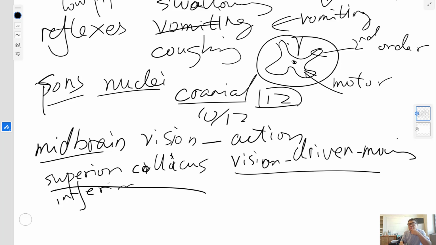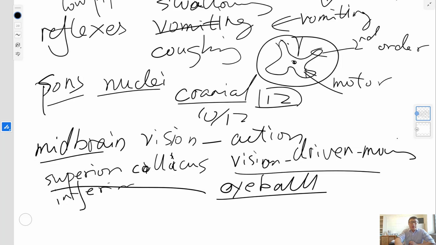I need to double check my spelling. But anyway, especially the eyeball movement. The eyeball movement is largely mediated by the midbrain. The midbrain has at least two somatic motor nuclei to direct eyeball movement, and also one parasympathetic nucleus to direct the pupil size.